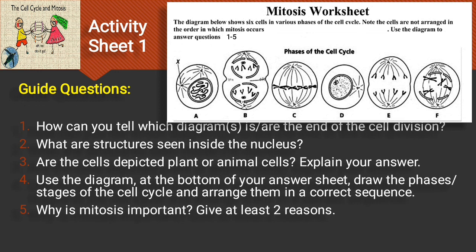What are structures seen inside the nucleus? 3. Are the cells depicted plant or animal cells? Explain your answer. 4. Use the diagram at the bottom of your answer sheet. Draw the phases or stages of the cell cycle and arrange them in correct sequence. 5. Why is mitosis important? Give at least 2 reasons.